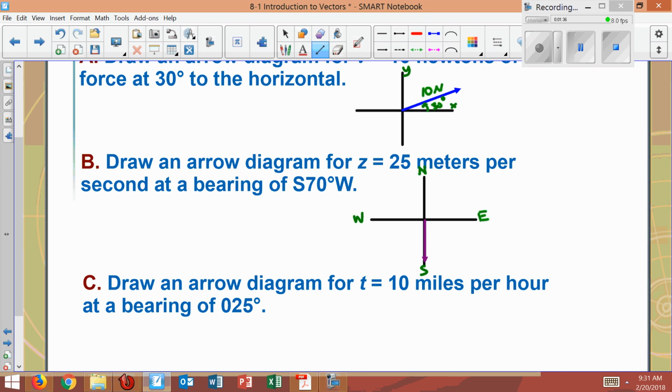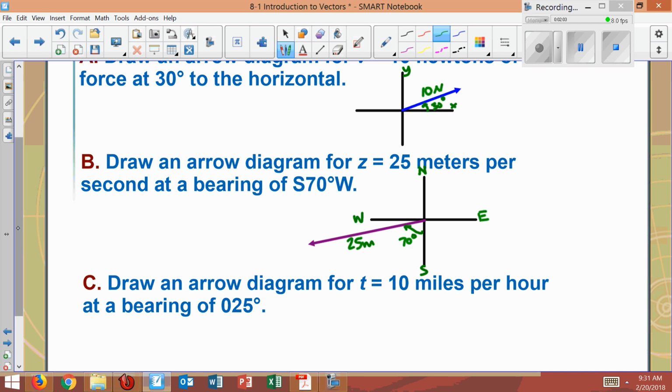I'm going to start here, and I'm going to go 70 degrees from the south towards the west, which would be something like this. It said it was 25 units long, so that's why I drew it kind of longer there. So from here to here, that is our 70 degrees, and it is 25 meters long. So this would be 25 meters per second long, going that direction. So the purple would be the answer here. Here was blue as our answer. This would be the purple.